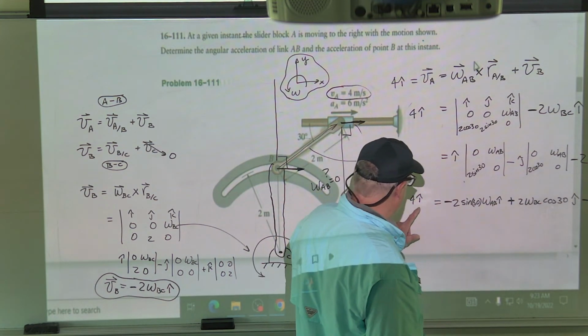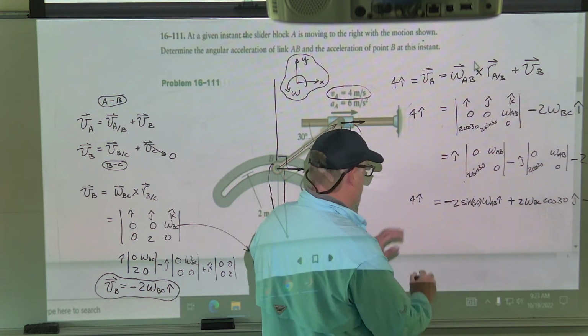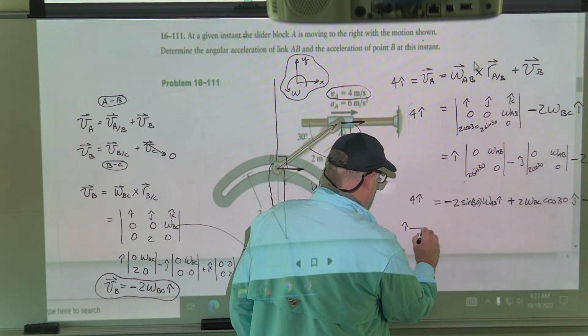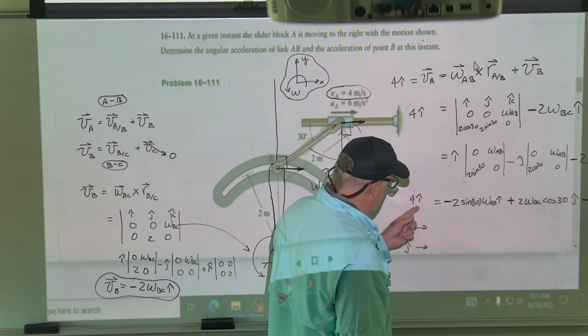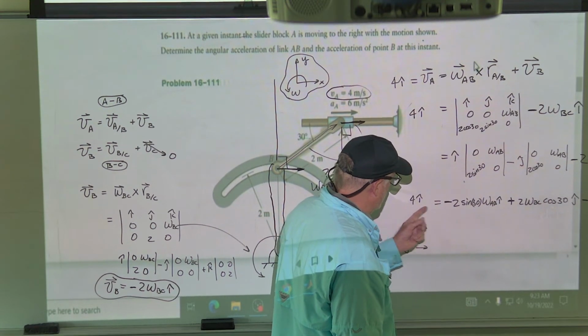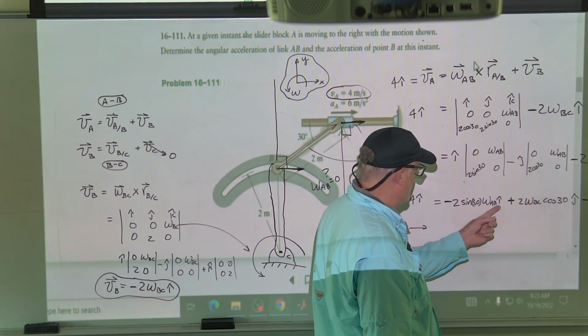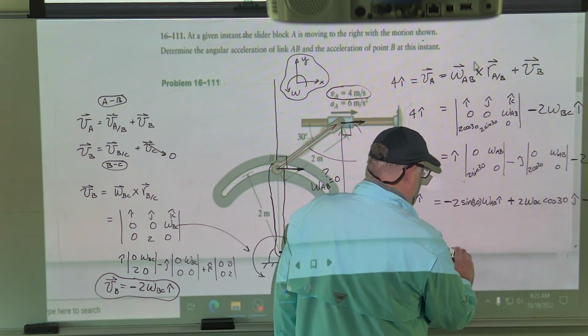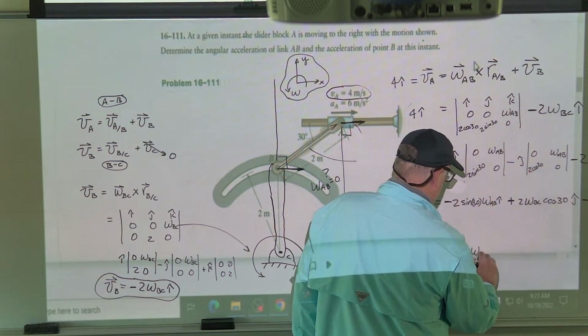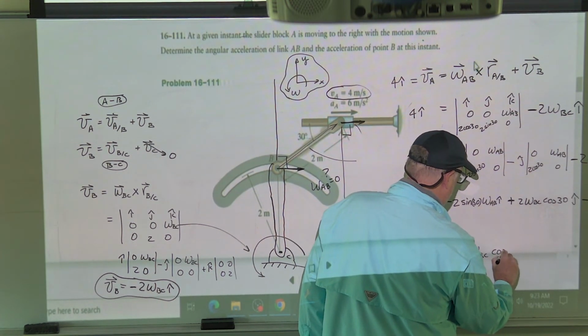Now notice something that happens here. The next thing you always do is break away the I and break away the J. The J is the most interesting. There's no J here, so all you get for the J is 0 equals 2 omega BC cosine.